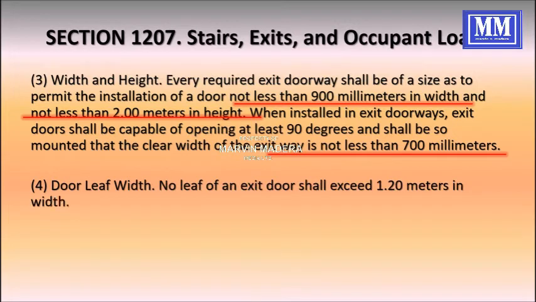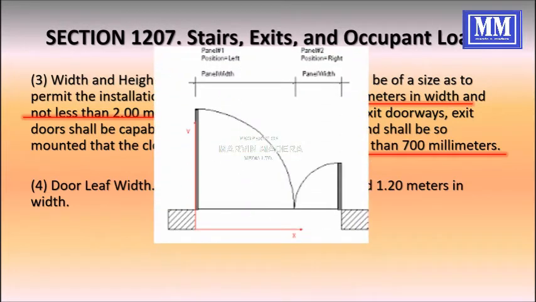No leaf of an exit door shall exceed 1.2 meters in width. So we have here a figure of how the exit door leaf is. In this part here, there is an opening of two kinds of door.